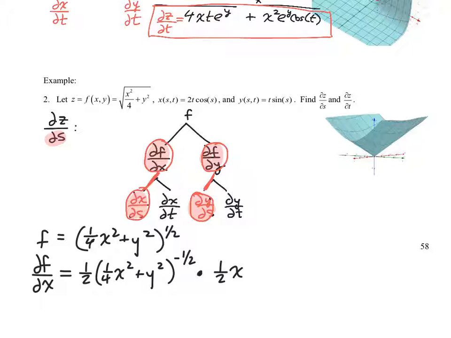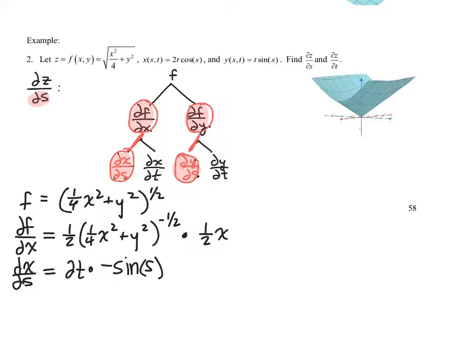All right, and so we could clean that up a little bit, but we'll take the wait and see approach because I also have to find partial x with respect to s. So 2t acts as a constant multiple, so I'm going to leave that in there, 2t. Then I just have to find the derivative with respect to s of cosine s, which is negative sine of s. Then on top of all that, I have to find partial f with respect to y.